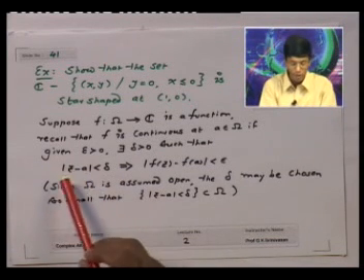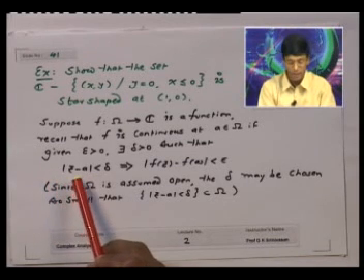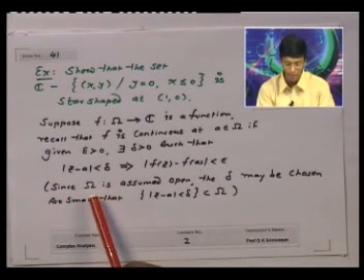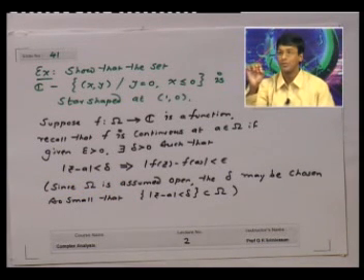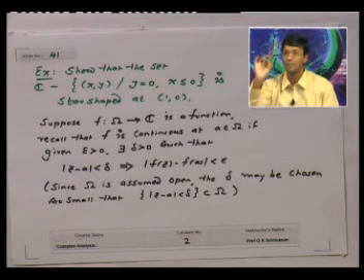So I do not have to put in any qualification here that z belongs to omega and mod z minus a less than delta. That qualification is not required, because the delta can be chosen small enough at the outset so that the disk of radius delta centered at a will be contained in omega.